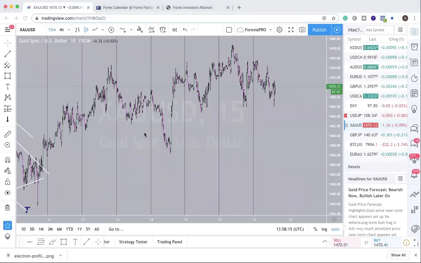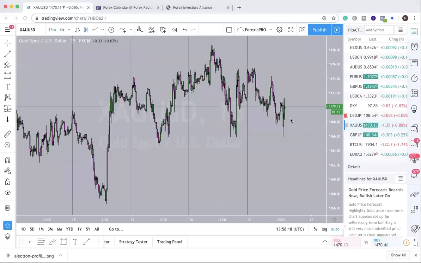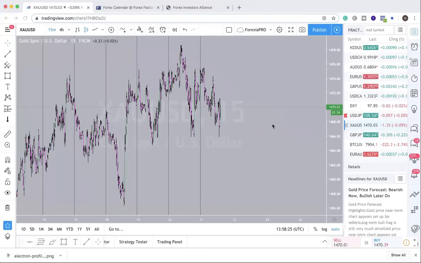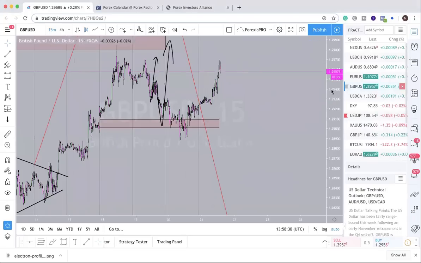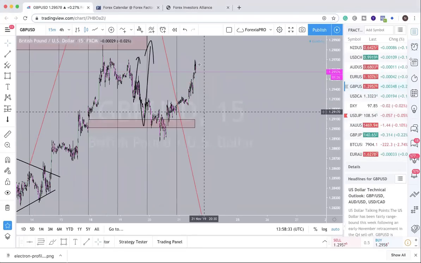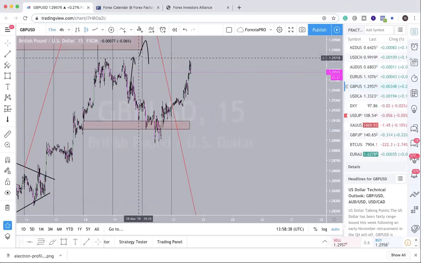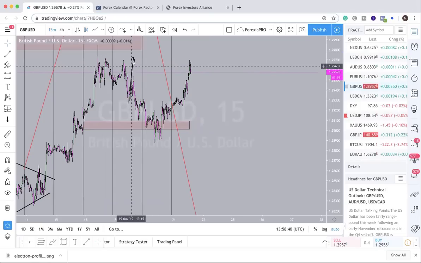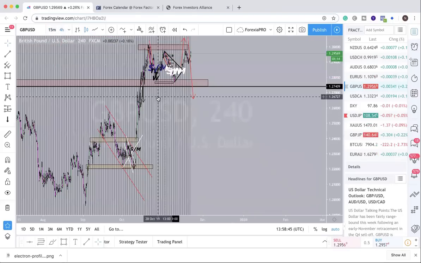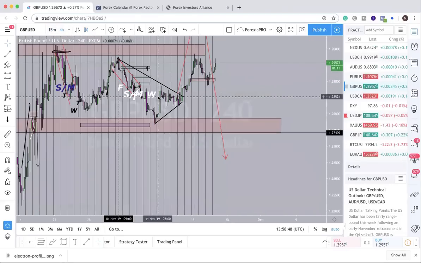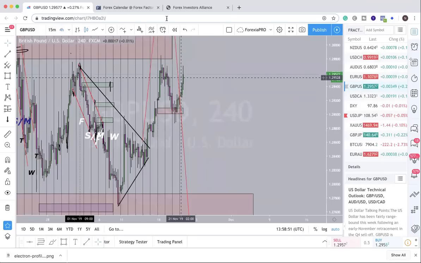Okay, so do we have any more pairs that would like to be analyzed? Did I miss any pairs? GBP USD? GBP USD, in my opinion, we could see more upside movement.